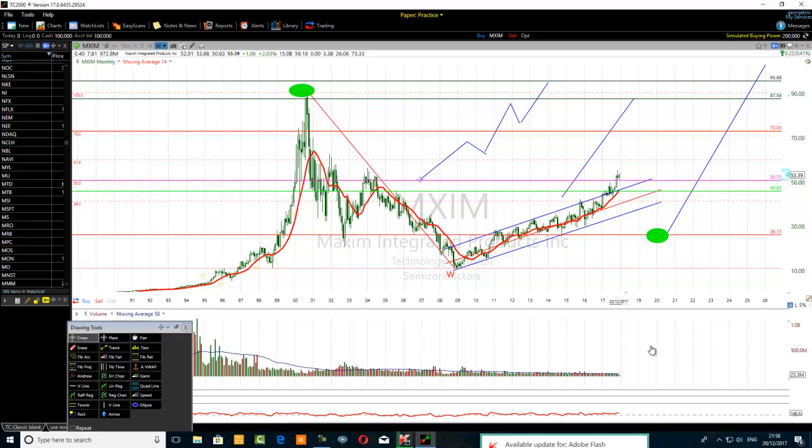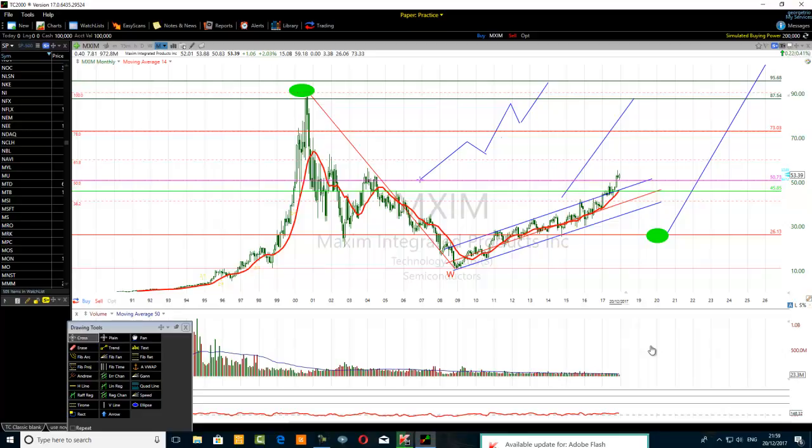We have the zigzag pattern, that's one example of an Elliott wave corrective wave. We have the flat correction, another example. We have the ABCDE, a triangle.